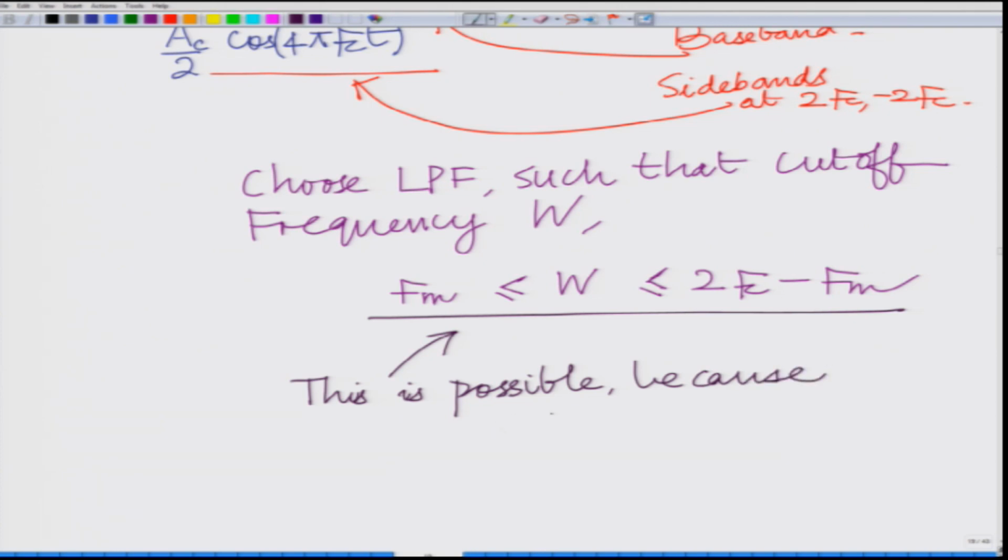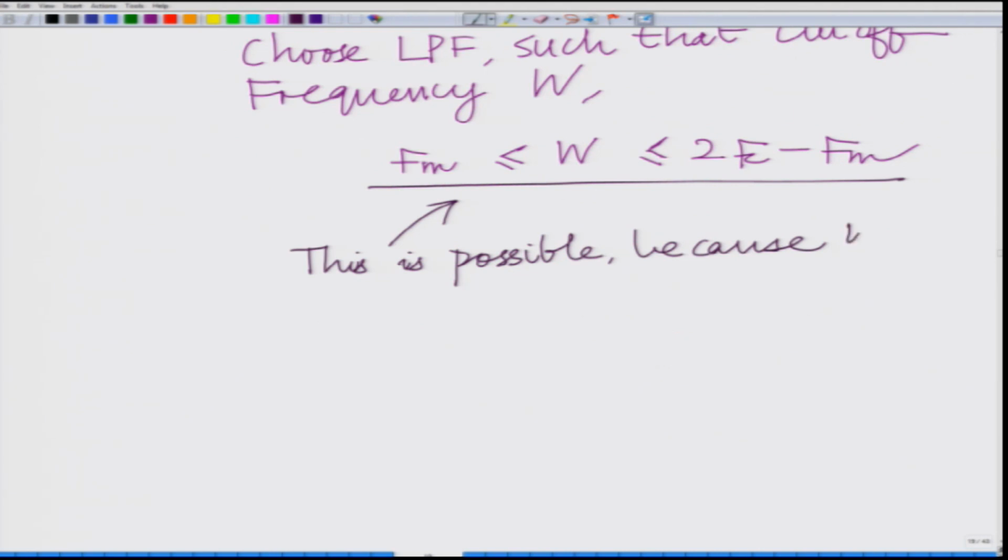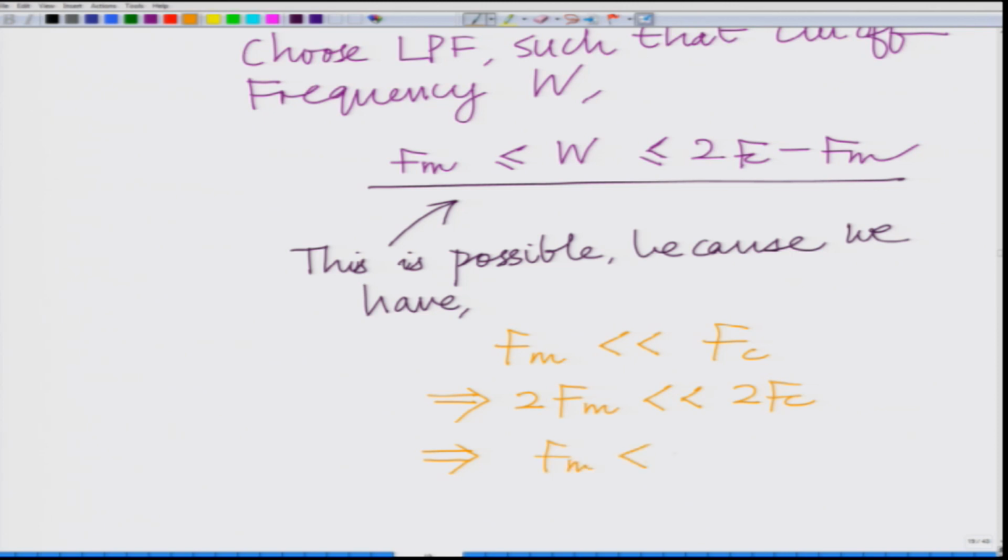because we have Fm, that is maximum frequency component, much less than or equal to Fc, which means 2 Fm much less than or equal to 2 Fc, which implies automatically that Fm is much less than or equal to Fc minus Fm.